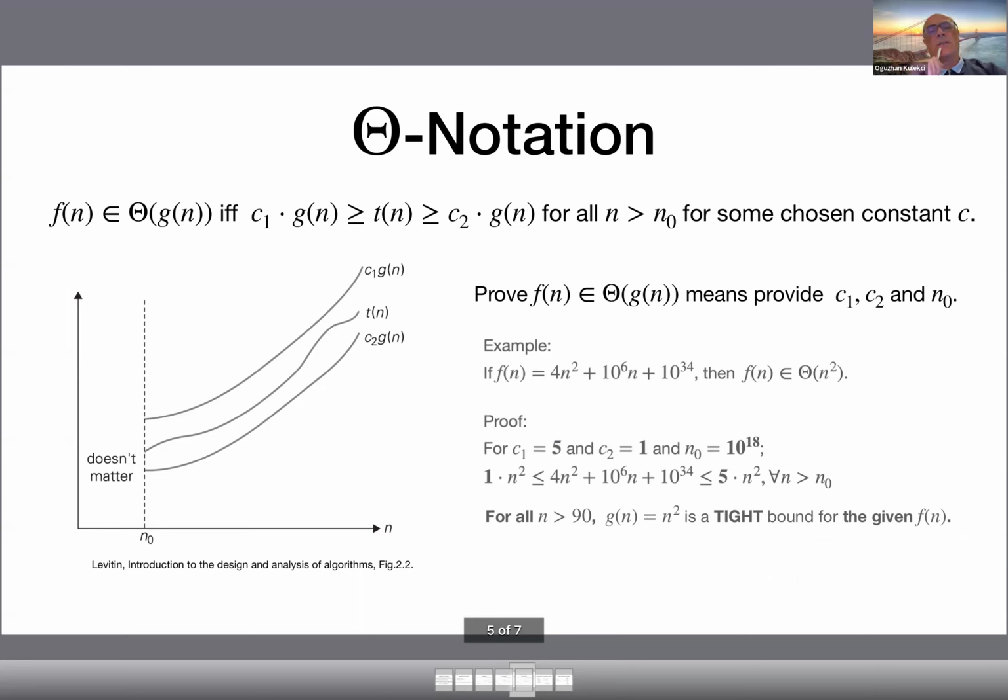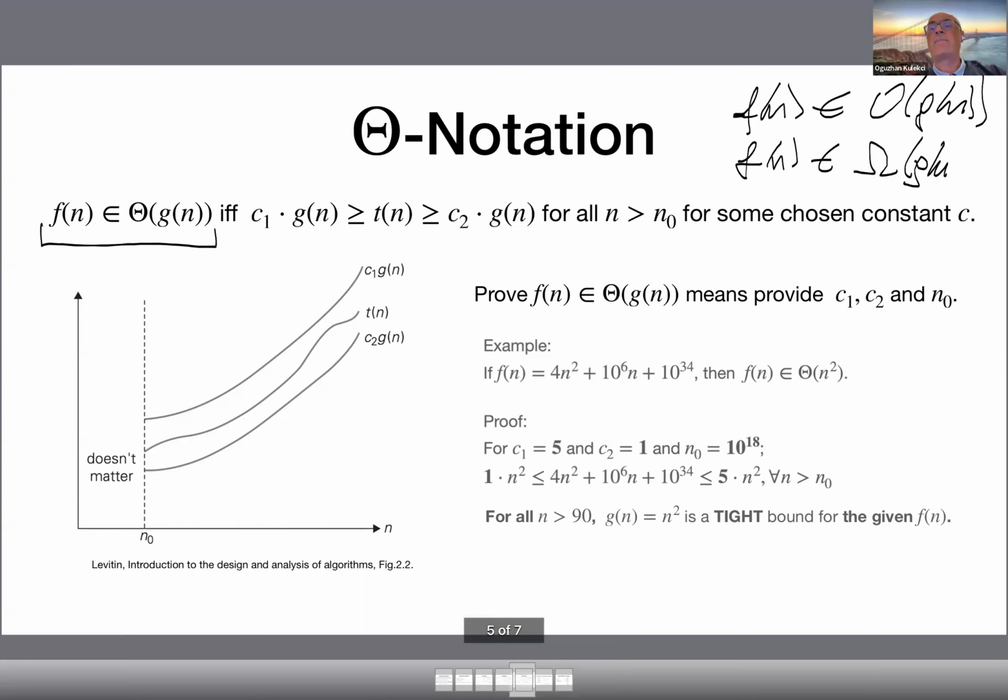The last notation that we will be looking at is the big theta notation. With the big theta notation, we say that f(n) is in the set of big theta g(n) if f(n) is an element of big O g(n), and at the same time, f(n) is an element of big omega g(n).